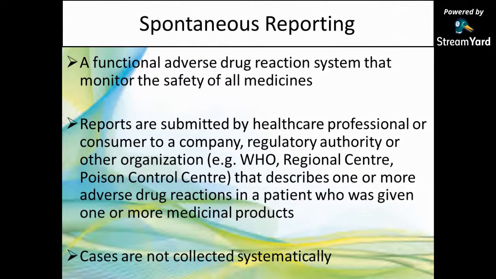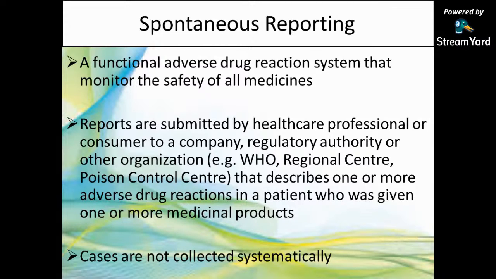So spontaneous reporting is the system where adverse reactions occurring after the medicine is marketed are monitored. So it is a major system through which adverse events are monitored. Now, as we have seen, it is a part of passive surveillance.